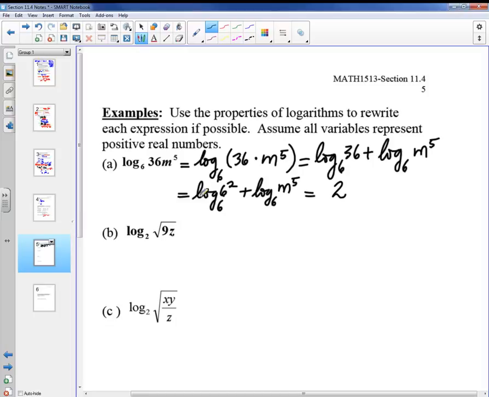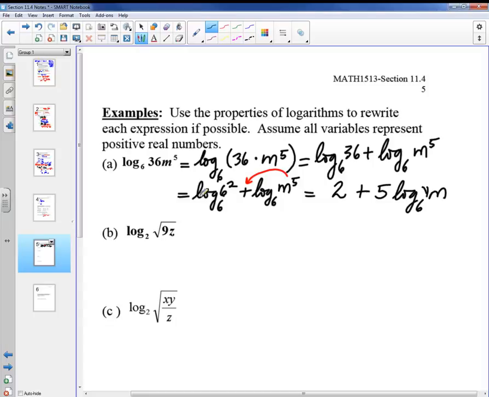That's that property that we started in section 11.3, but also the inverse property. And then in here, we're going to move that 5 to the front. So that will be 2 plus 5 log base 6 of m.